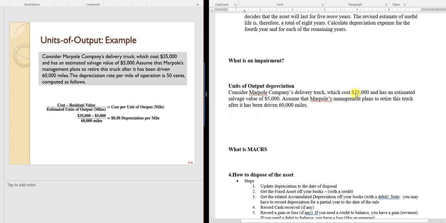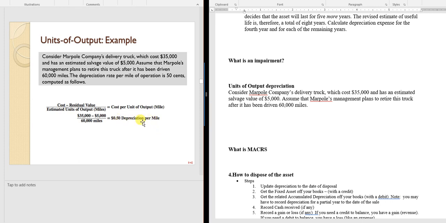We had a cost, $35,000, estimated salvage value of $5,000, and they're going to retire this truck after it's been driven 60,000 miles. So, I take my cost minus my residual value, just like straight line, except instead of dividing by life in years, I divide by my life in units. And my units in this case are miles, and that will give me my depreciation per unit.